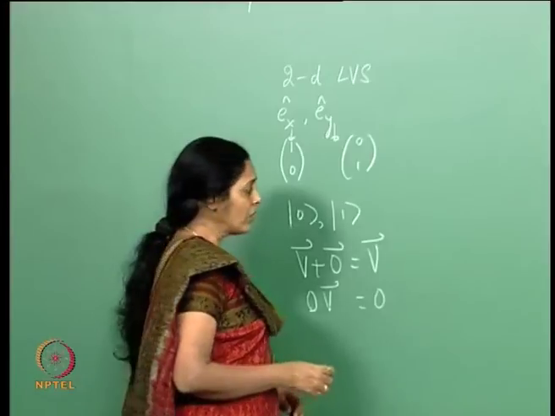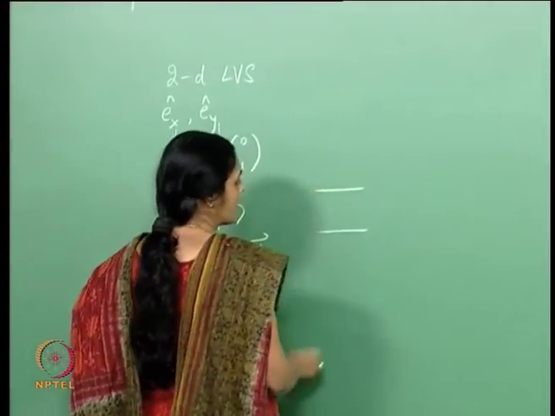In the case of the two-level atom, I have two basis vectors.